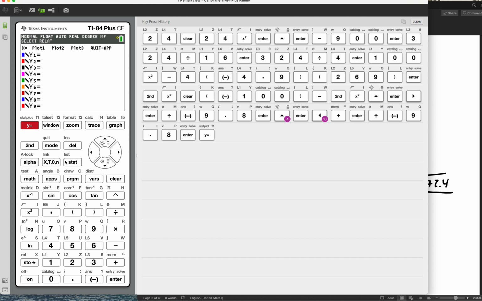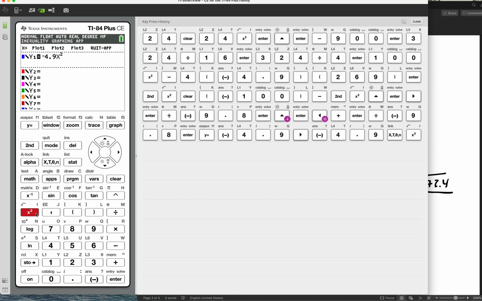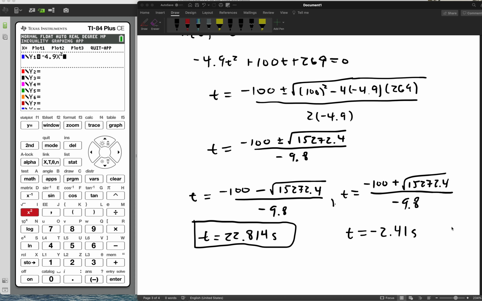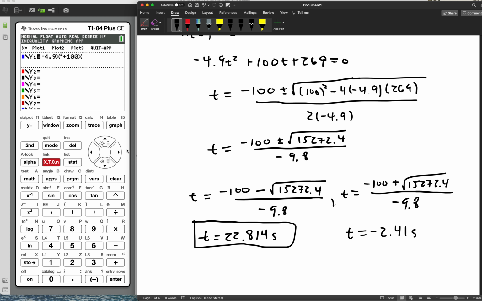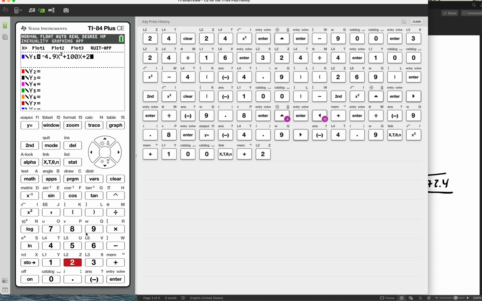So if you go to a calculator and you plug in y equals negative 4.9 x squared plus 100 x plus 269.